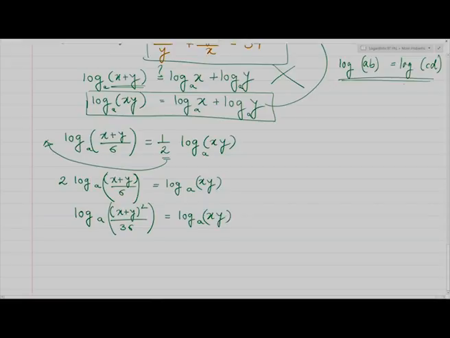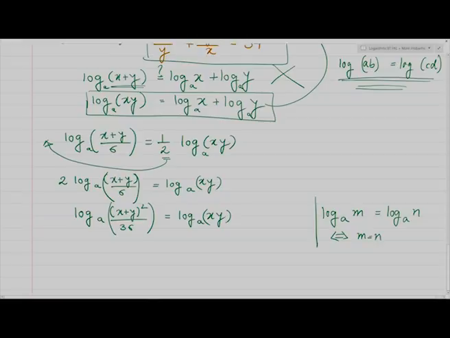So, I have achieved a form which I wanted. This is the form that I wanted. So, I can use our standard rule, which is log to the base a of m is equal to log to the base a of n if and only if m is equal to n.